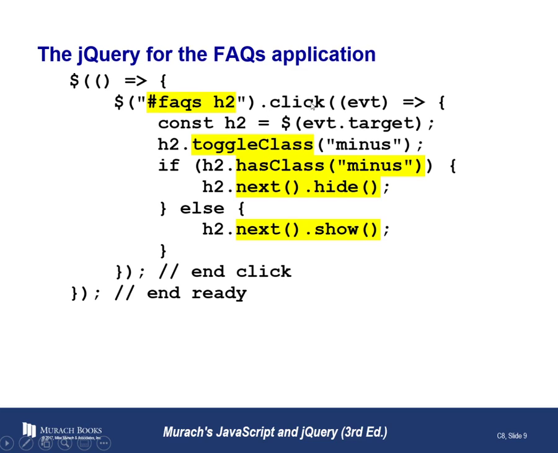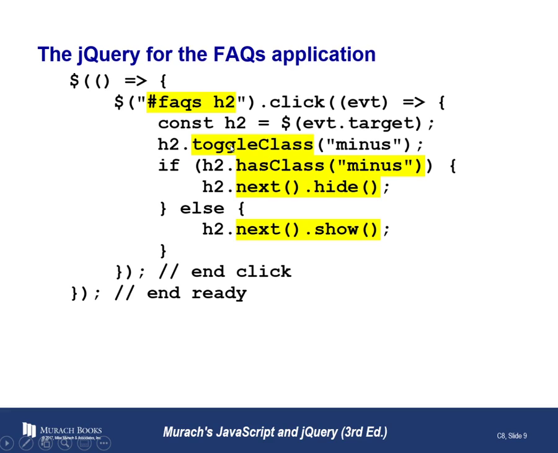And when you click an H2, you pass an event object, which we've kind of seen before. We assign the H2 equal to the target, which is essentially the actual thing that was clicked, the H2 that was clicked. We then toggle the class.